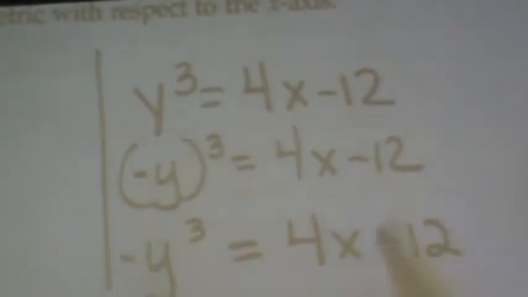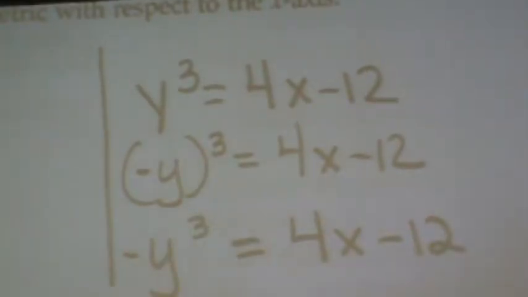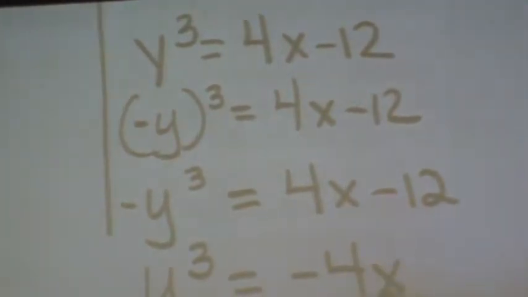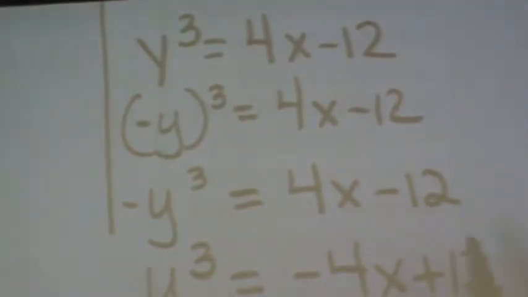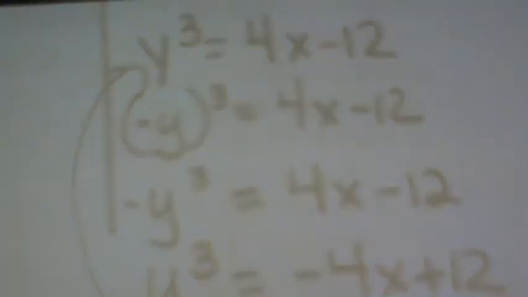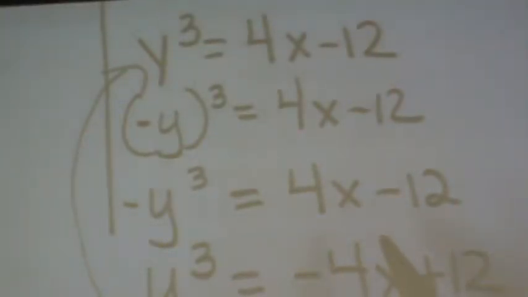And what you're going to try to do is multiply everything by negative 1 to get y cubed back to a positive. But what's going to happen is this is going to change to negative 4x, and this is going to be a positive 12. So no, we didn't get it back to its original state. So this equation does not have symmetry to the x-axis.